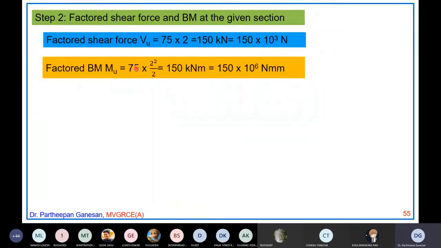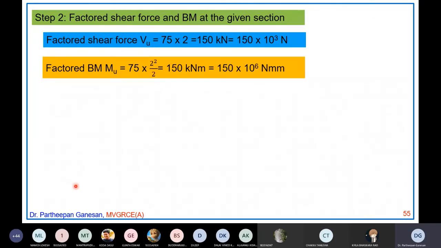Similarly, factored bending moment is 75 into 2, the total UDL, and that will act at a distance of 2 by 2. So it is WL square by 2, that is 75 into L square by 2. L is not 3 meter because we are considering only 2 meter from the free end. So 75 into 2 square by 2.